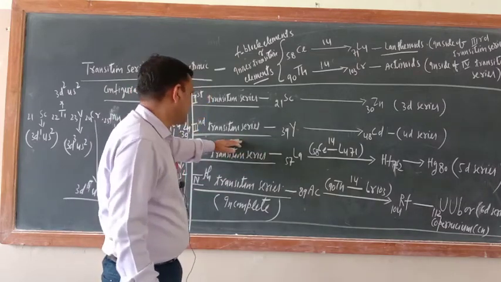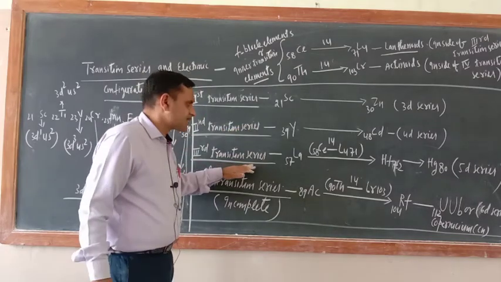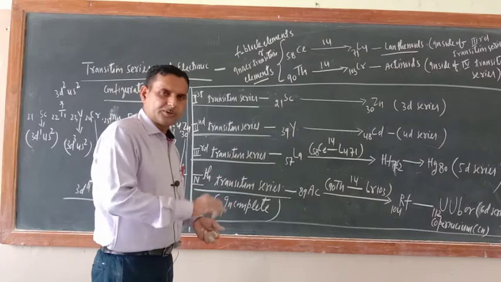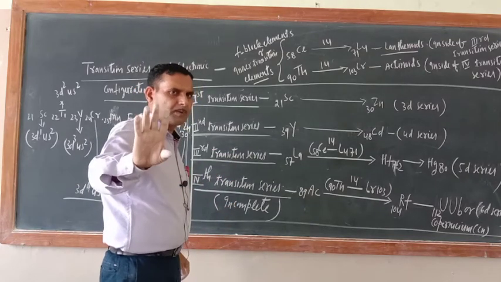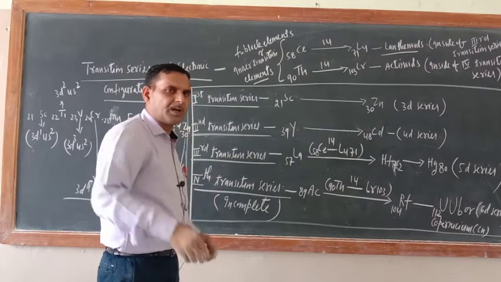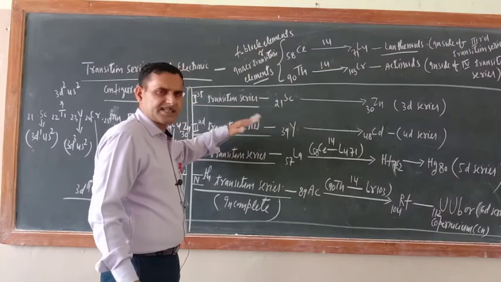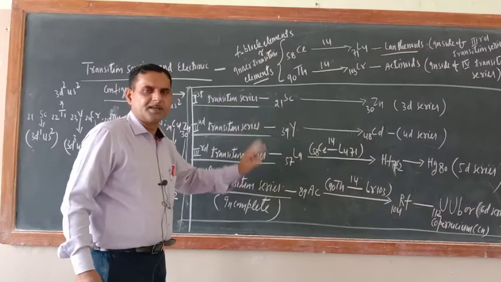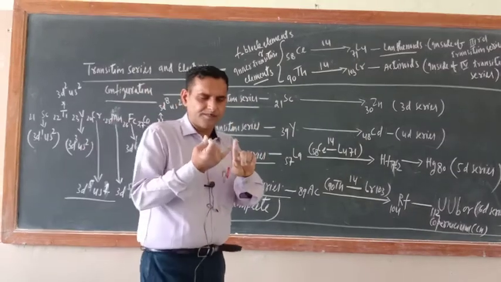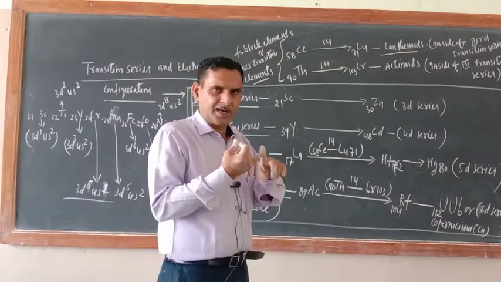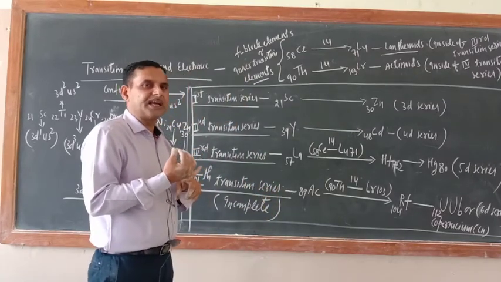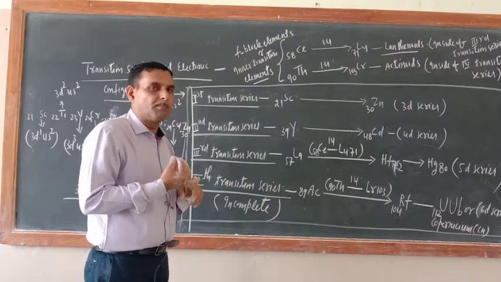In the third and fourth transition series, a lot of variation is there, so you can check that, but remember, those electronic configurations will not be asked. Only the exceptional configurations of the first and second transition series will be asked. So always remember copper and chromium in the first series, and Ag and molybdenum in the second.